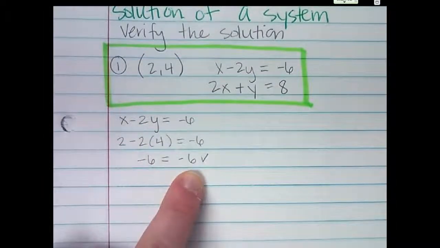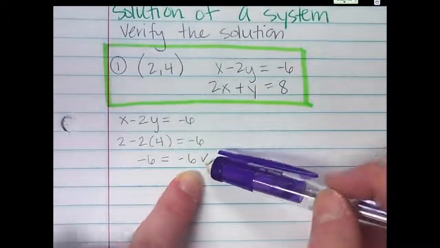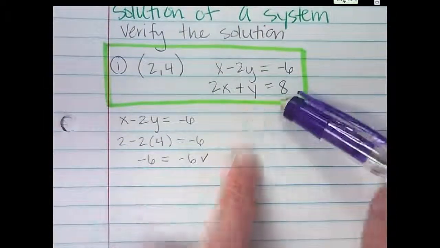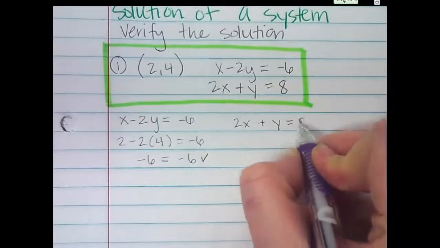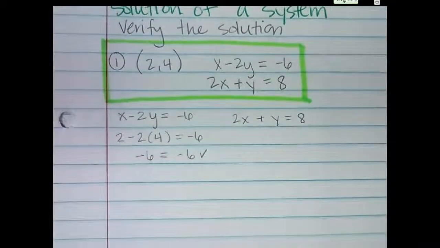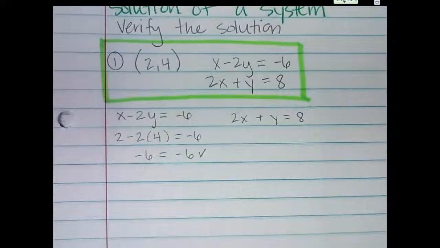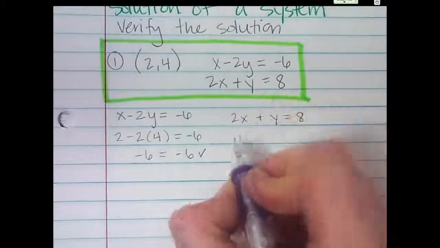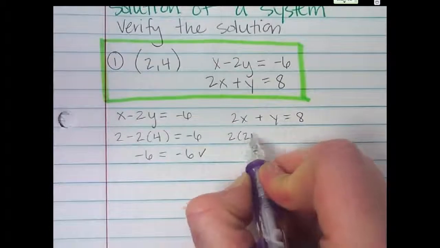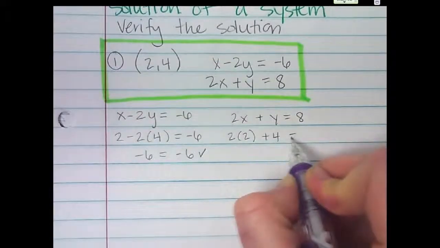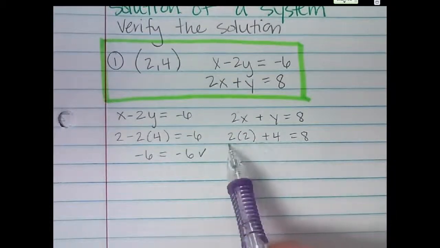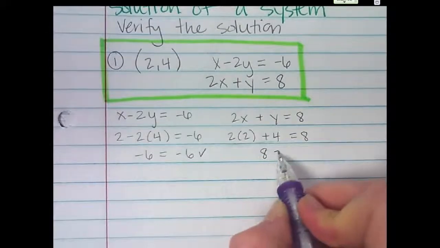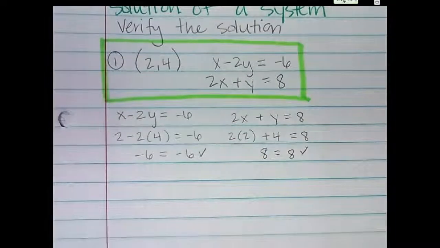If it works in the first equation, I still have to go and plug it into the second equation, because we need to make sure that it works in both. So this would be 2 times 2 plus 4 equals 8. Again, you can plug this left side into your calculator if you want, but I want to see at least that much, and I want to see 8 equals 8.